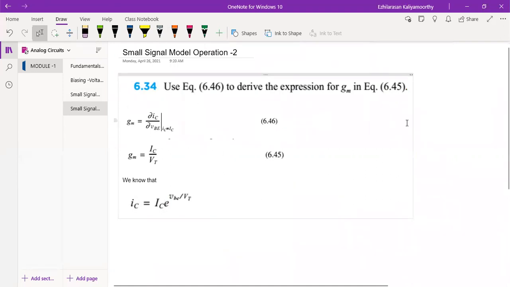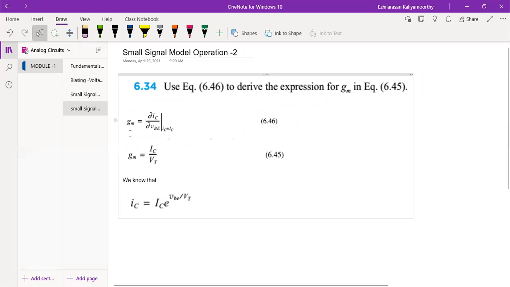The first thing is the question, where you have to use the equation we already did, the transconductance GM. GM is the change in the collector current that the change in base emitter voltage yields. Normally, conductance is the inverse of resistance.